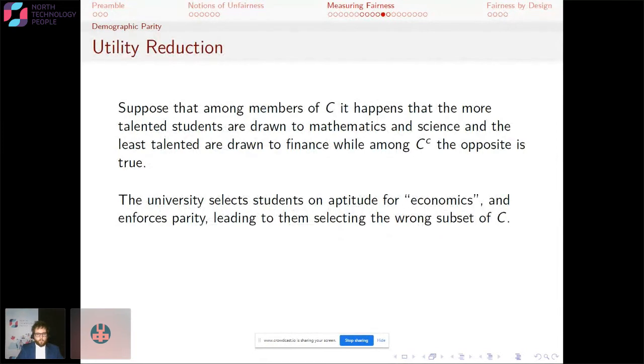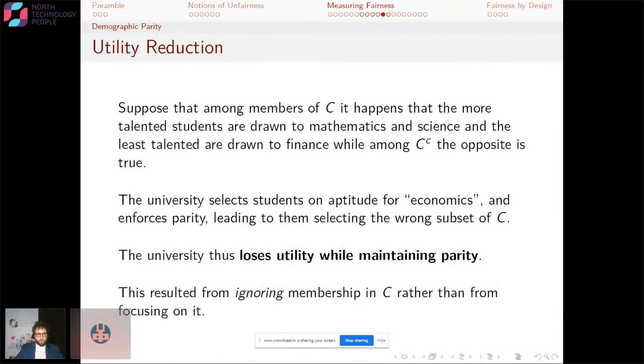So if members of Class C happen to be more talented in mathematics and science, but less talented in finance, and it's the opposite for members of the non-protected group, the C complement, if we focus on parity and we select students based on their aptitude for economics, we're going to end up admitting the wrong subset of C. So not only are we not fair in some sense, because we're accepting people who are potentially less likely to succeed, we're actually letting in the wrong subset of people by focusing on parity.